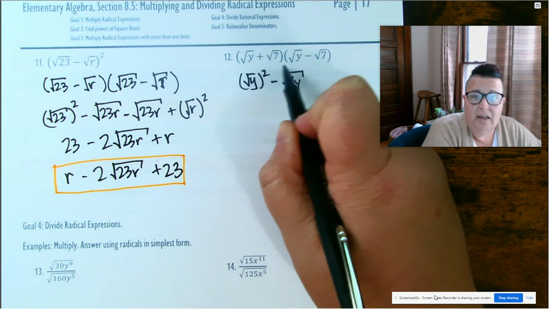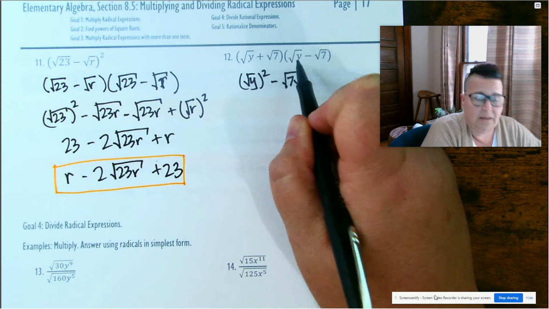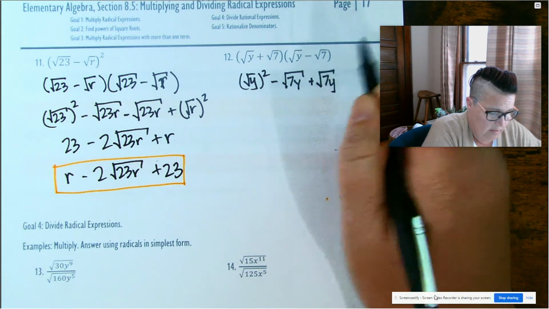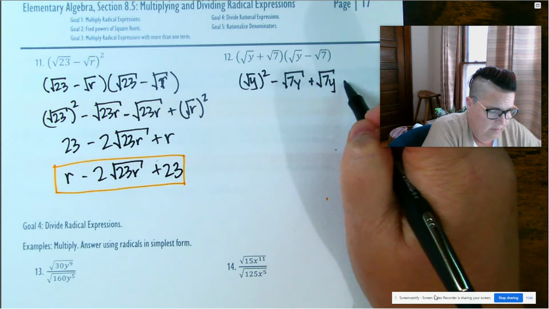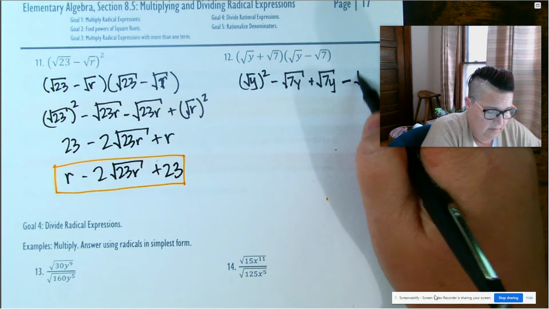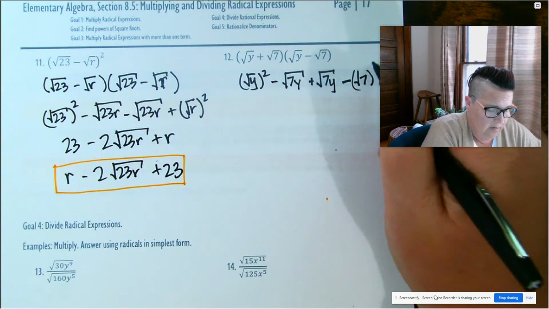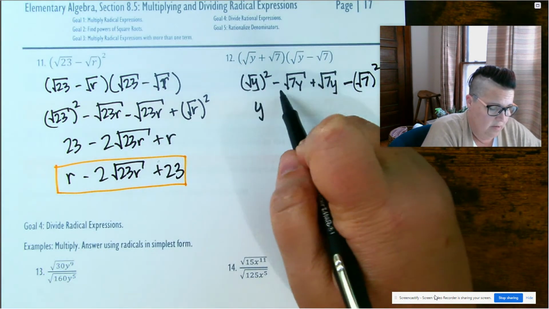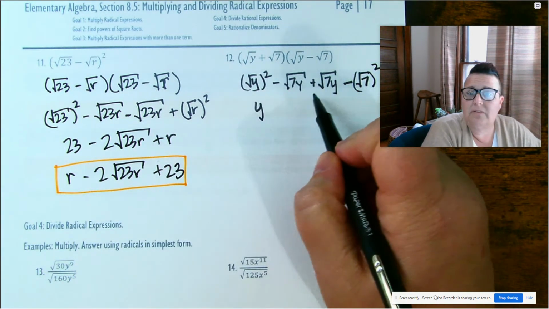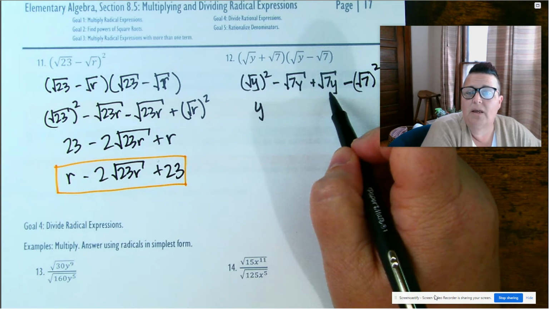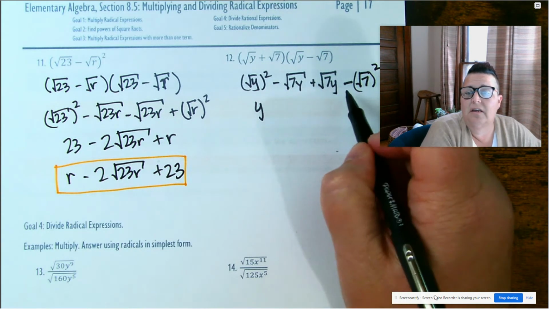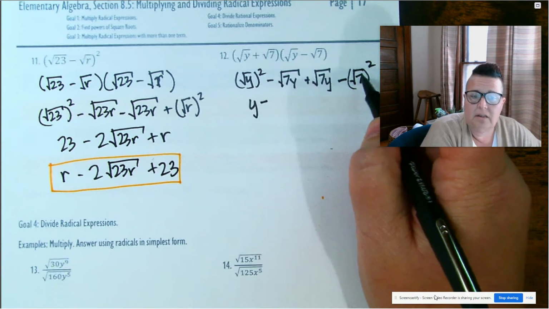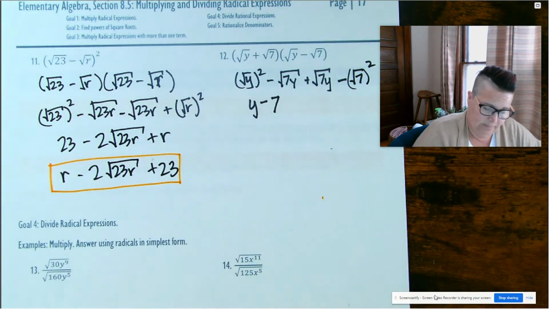The inside would be the square root of 7 times the square root of y, or plus the square root of 7y. And then the last would be minus the square root of 7 squared. So this is going to be y minus root 7y plus root 7y. Those are going to cancel. And I'm going to have minus the square root of 7 squared, which is just 7.